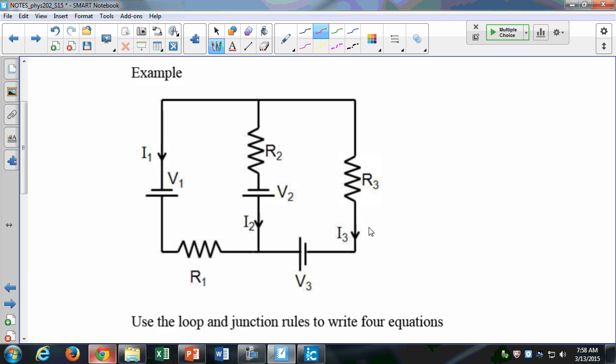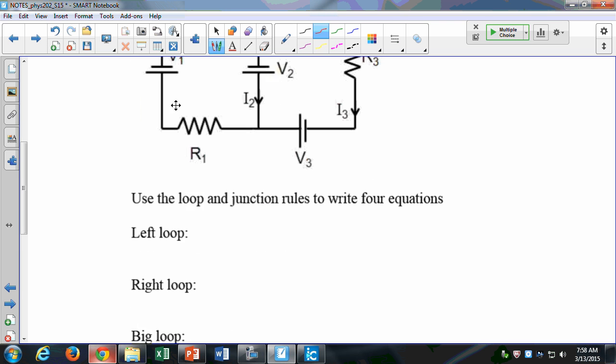What are the 3 loops? Right, I have the right loop, the left loop, and then the big outer loop. And then I can also write an equation for the junction rule. I can just pick a junction and say the incoming currents equal the outgoing currents.